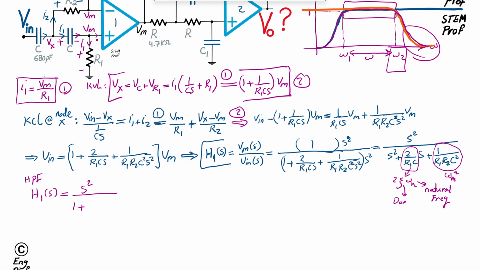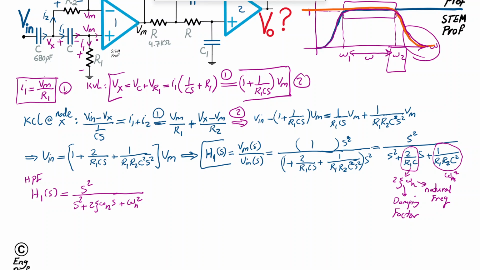So damping factor defines whether we have peaking in the frequency response or ringing in time domain. So I'm going to write it here. So I have s squared plus 2 zeta omega n s plus omega n squared.